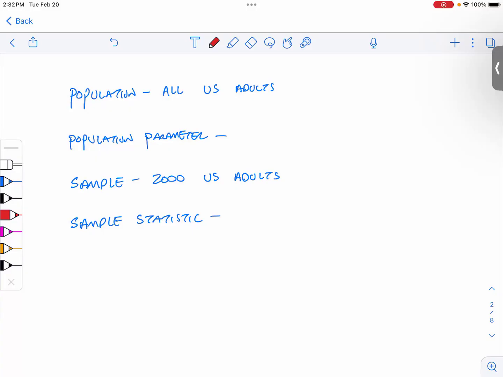Just to show that this is the best representative, let's say we took 5,000 US adults. 5,000 US adults has enough sampling variability to represent the entirety of the US.